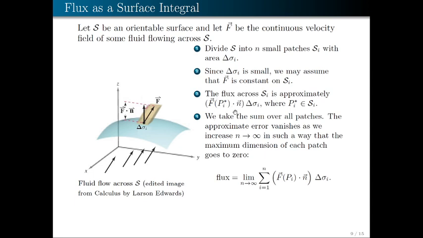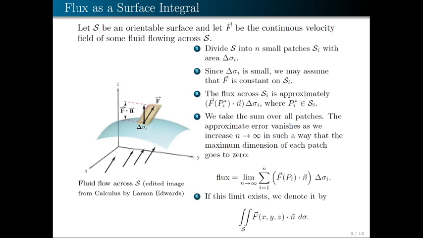And if we want the approximation error to vanish, we simply allow the number of patches S sub i's to approach infinity, in such a way, of course, that the deltas here approach zero. If the limit on the right hand side exists, then as a convention, we can denote it by an integral. So limit of the summation is the integral.